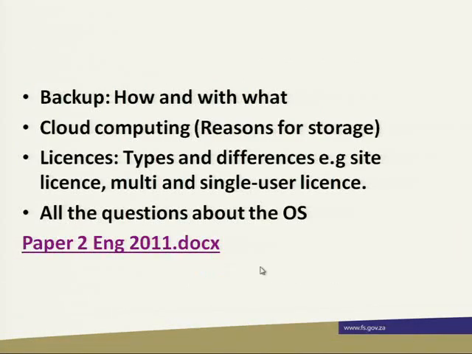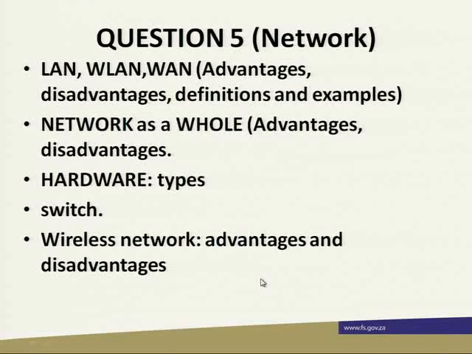All right. Now we carry on to question 5. Question 5 is also about networks. If we check the previous question papers, these are mostly there in question 5. For instance, you must go and study local area network, wireless local area network, and wide area network. There are advantages, disadvantages, definitions, and examples.